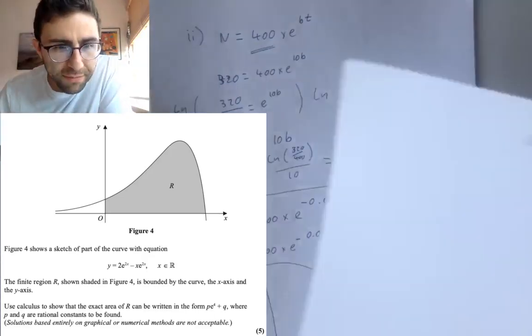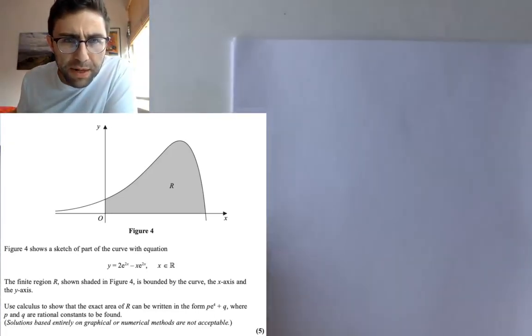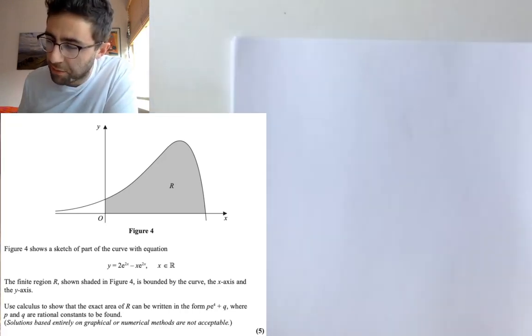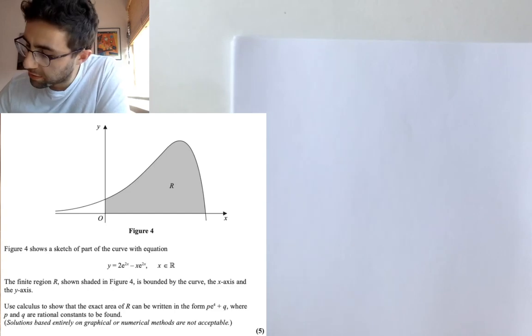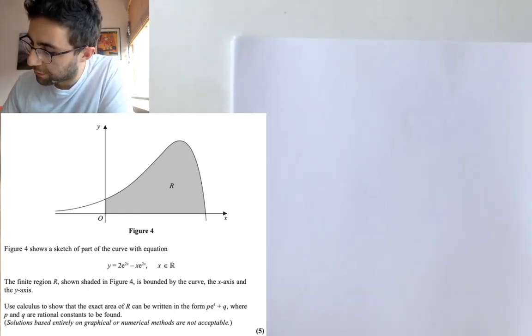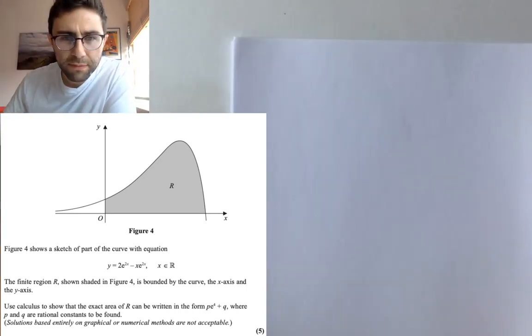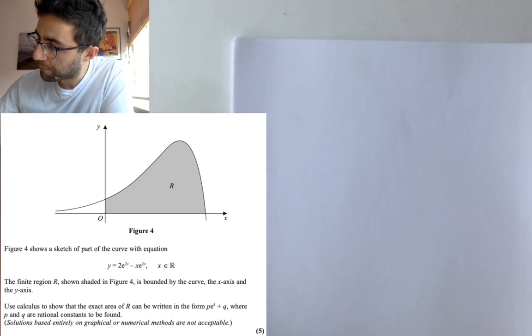You may have passed out. I don't know. Does 999 cover this kind of thing? I'm not sure. But at least they gave us what it looked like. That is not a normal graph that you're going to see in A level. It's not like quadratic or cubic or sine, cosine. It is pretty extreme. But that's all right. We don't really need to know much about the behavior. We just need to know how to integrate.